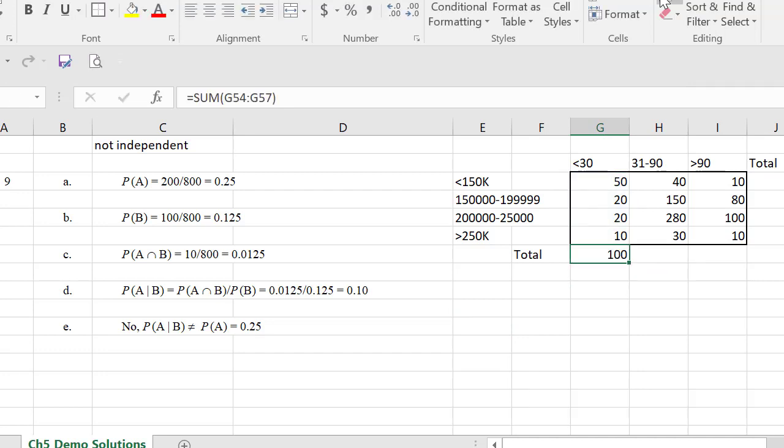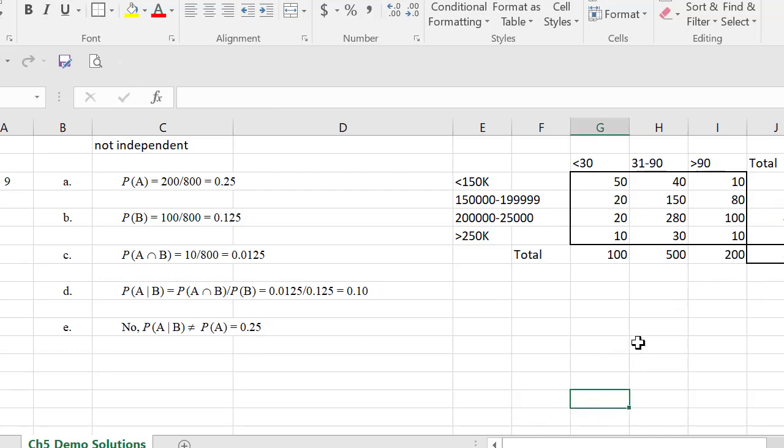Got that. And we'll need to do the sum for the rows. And we can see the grand total here is 800. So to get the joint probabilities, we'll say equals this value divided by 800, with F4.